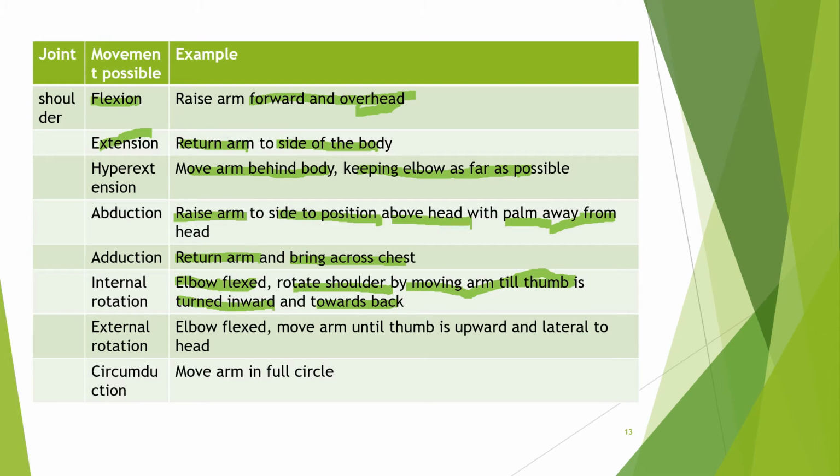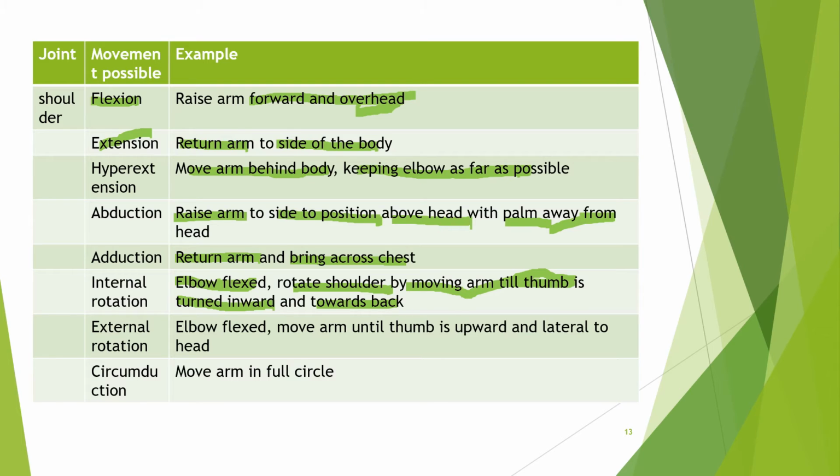So we have a diagram. In the external rotation, we flex the same way. Move the arm until the thumb is upward. Here the thumb is going upward and lateral to the head.